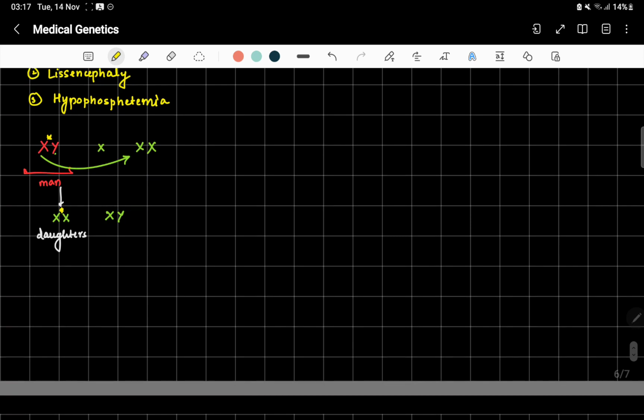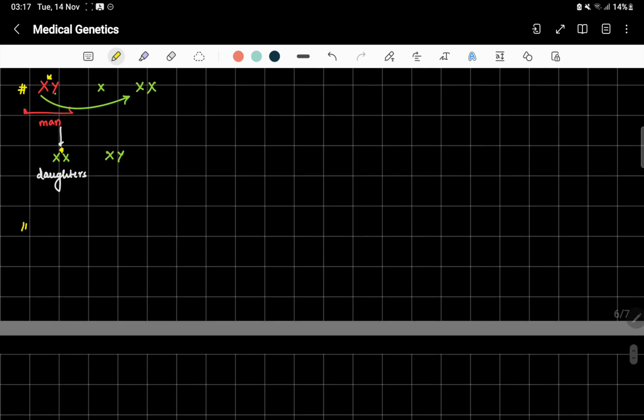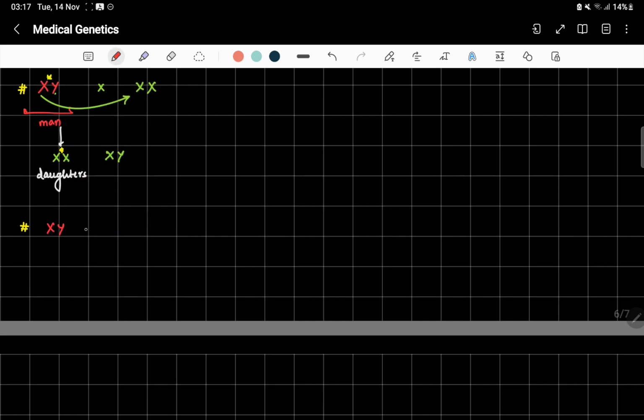Affected heterozygous females will pass the disease to half the sons and half the daughters. So the man will transmit the disease to daughters if the man is affected. This is the case of an affected man. Now if the wife is affected, let's say both her X chromosomes are defective, cross XX.